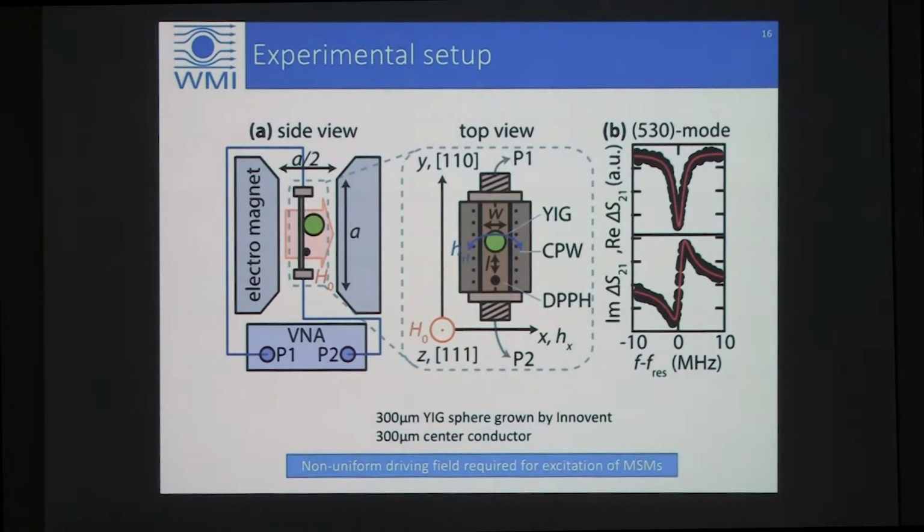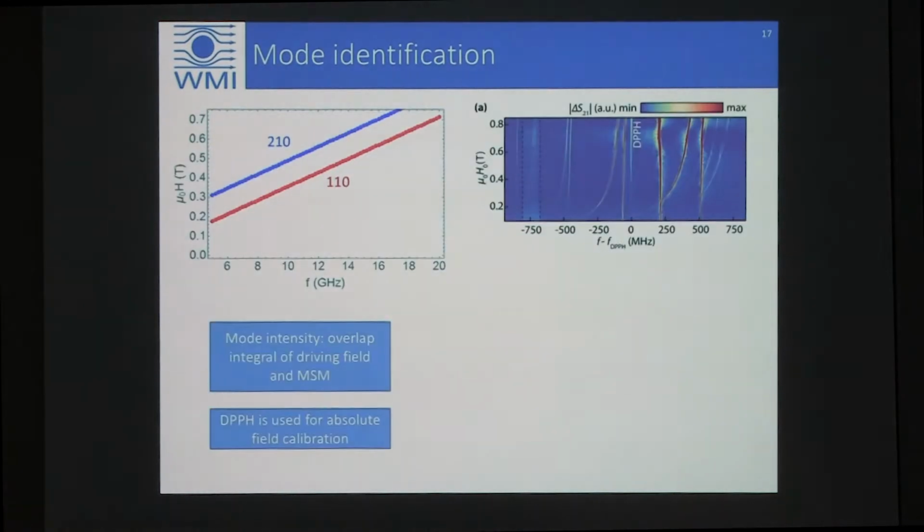So this is a reference to calibrate our external magnetic field. We normalize everything we measure to the DPPH, meaning if you see a perfectly vertical line in here, then the g factor of that mode is identical to that of DPPH. If it's slanted a bit, then the g factor is slightly different. Okay, so that's where we are.